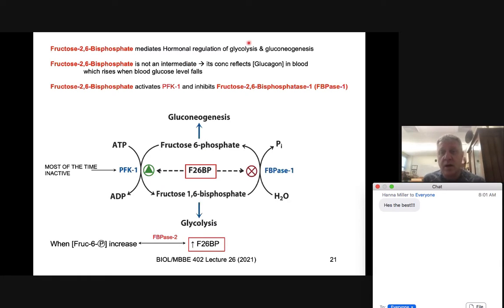This is glucagon. Now, glucagon concentrations in the blood are going to reflect importantly when blood glucose falls. Insulin reflects increased blood glucose levels. Glucagon reflects decreased blood glucose levels.